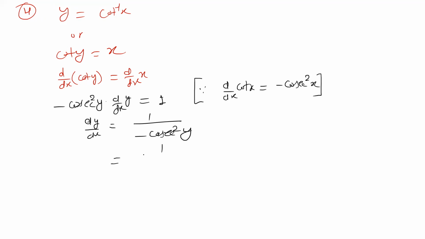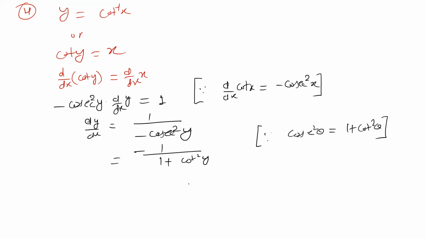Then we can also write cosec square y in terms of cot as 1 plus cot square y. This is the third identity, right? Like cosec square theta is equal to 1 plus cot square theta.